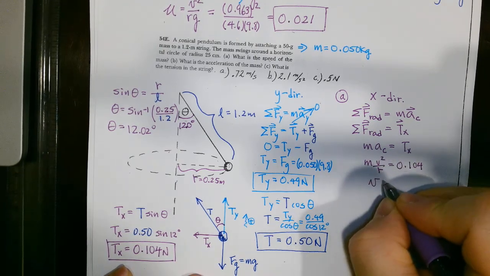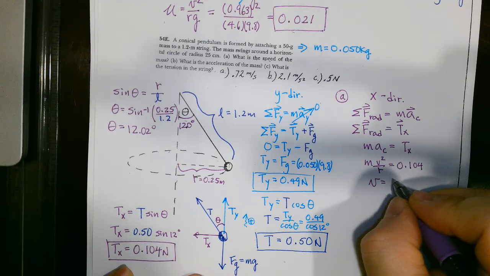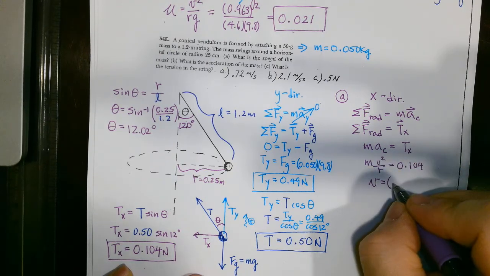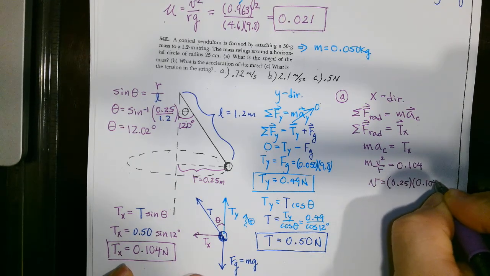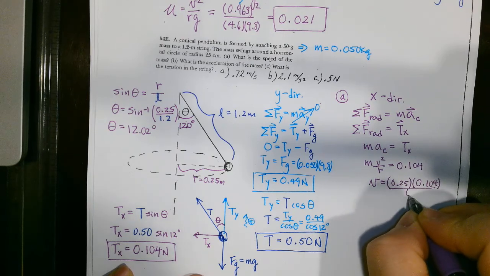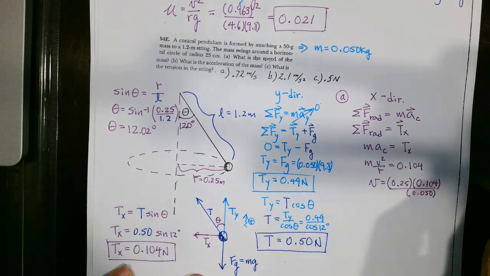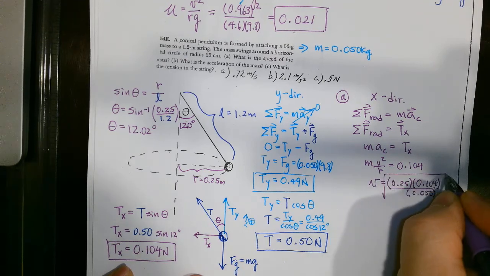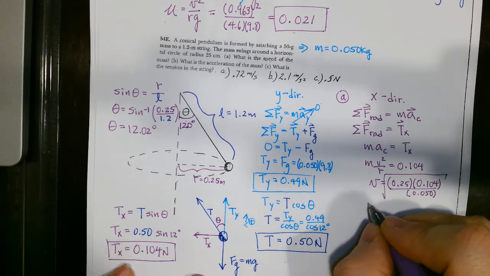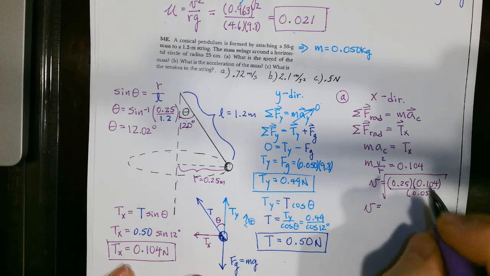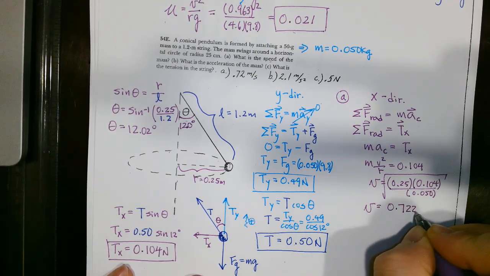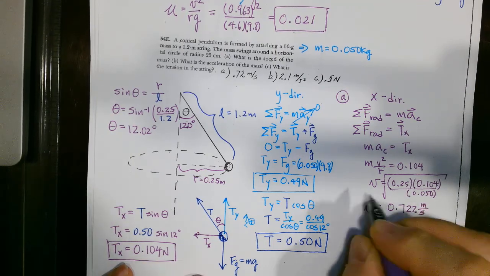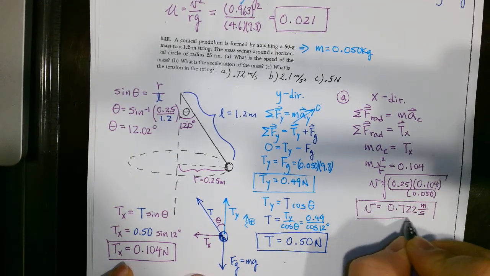So my v is equal to the square root of r times 0.104 divided by mass of 0.050, where r is 0.25. So my v is equal to, I get something like 0.722 meters per second. So that's my A.